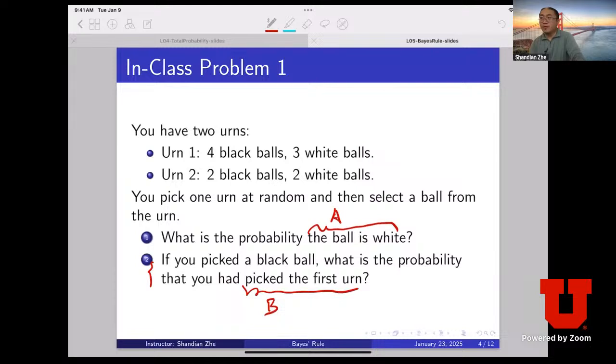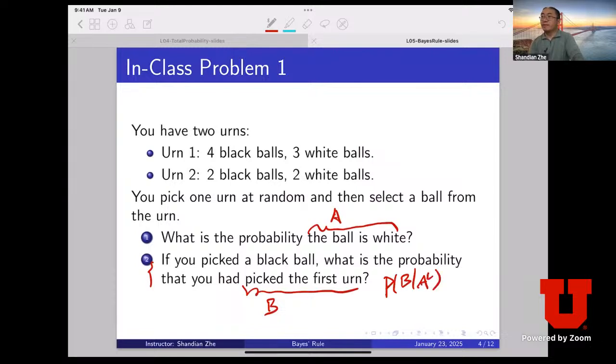Does it make sense? This is the natural language for a conditional probability. Given that you have picked a black ball, what's the probability that you had picked the first urn? So we should write this as P of B given A complement.